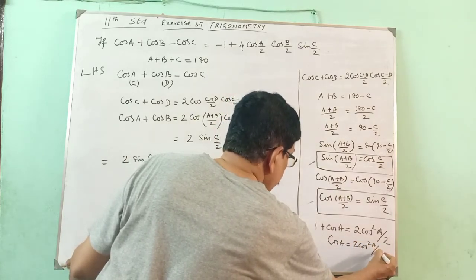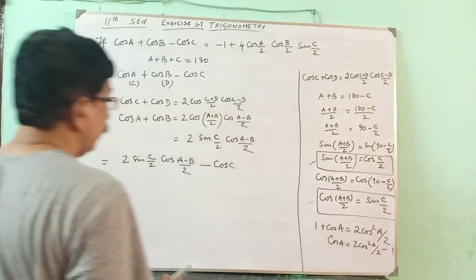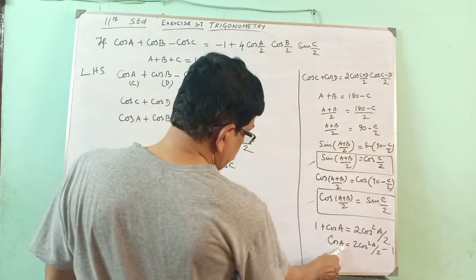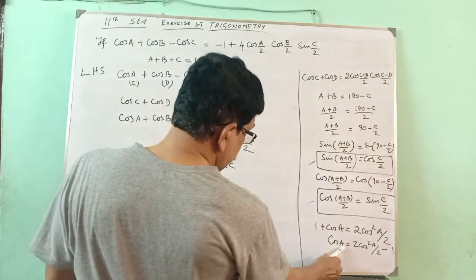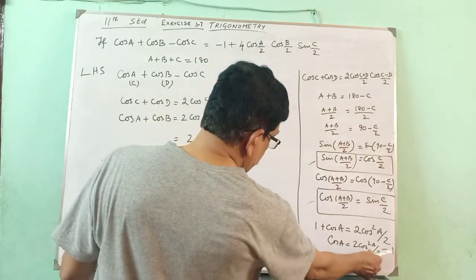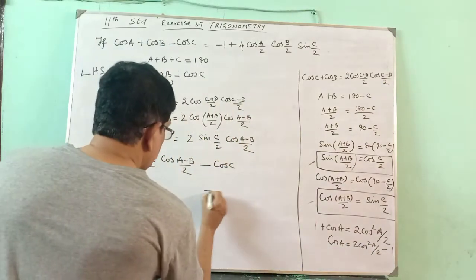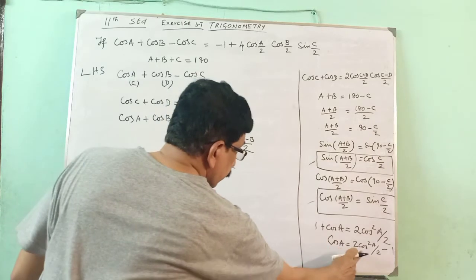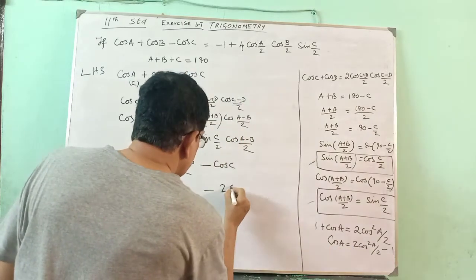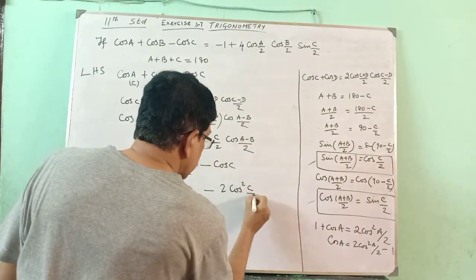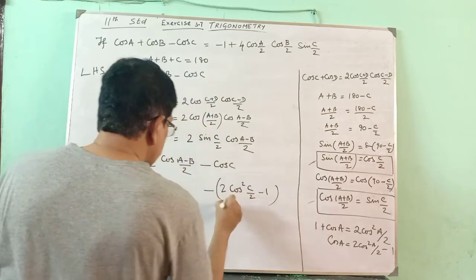Here we change A to C: cos C is equal to 2 cos square C by 2 minus 1.